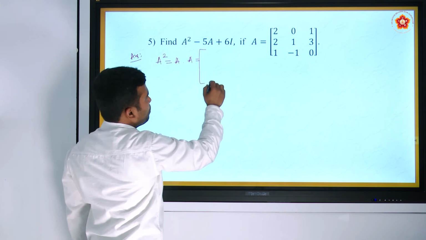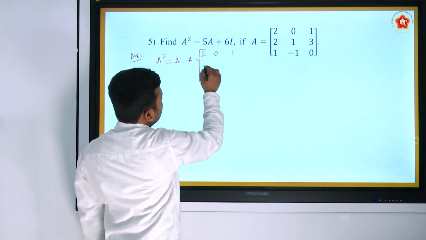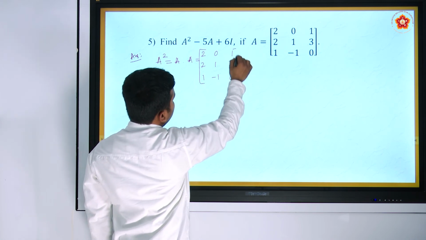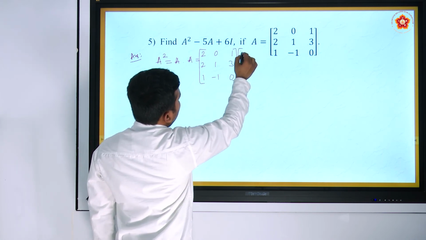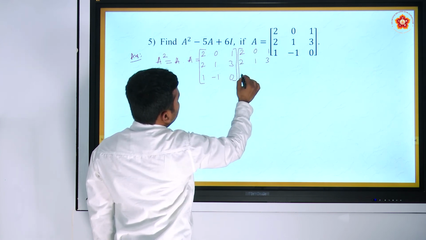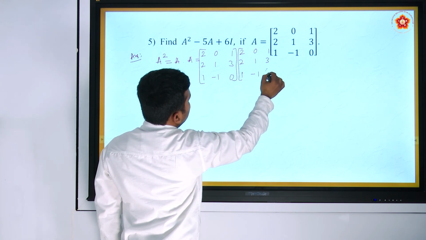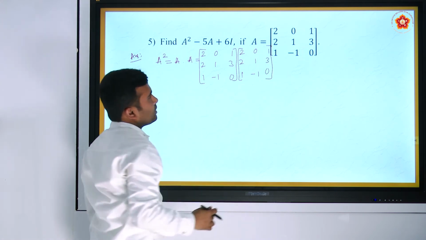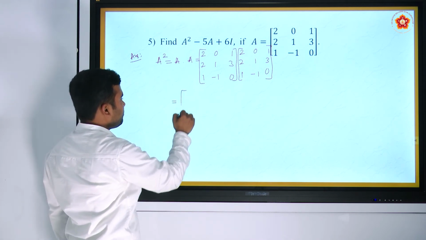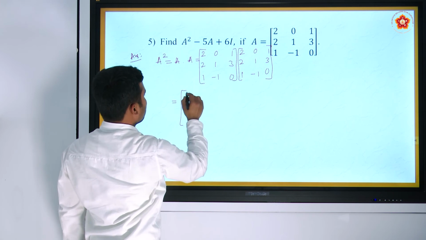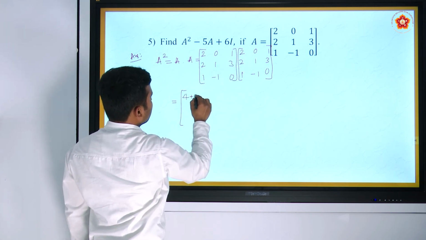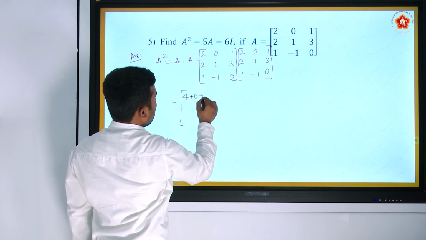A into A is A square. This is equal to [2, 0, 1; 2, 1, 3; 1, -1, 0] into [2, 0, 1; 2, 1, 3; 1, -1, 0]. Okay, this is A square. So let us find this. 2 into 2, 4, first row, first column, 0 plus 1.